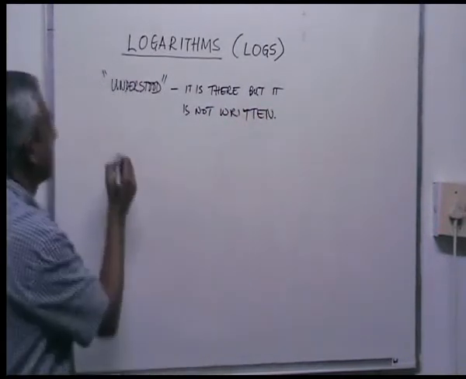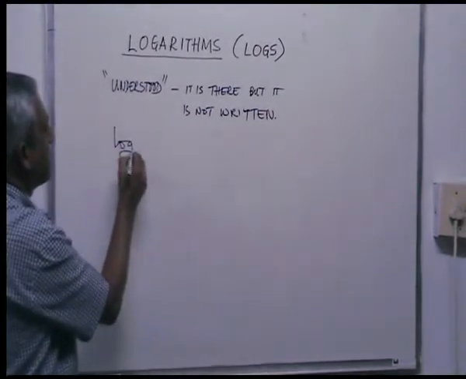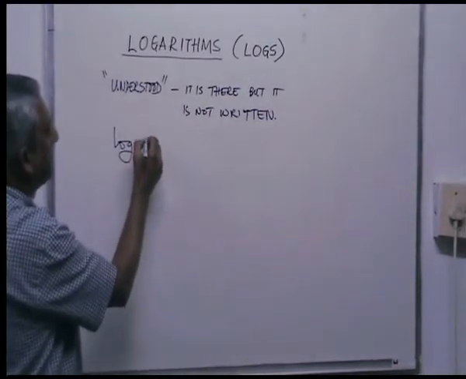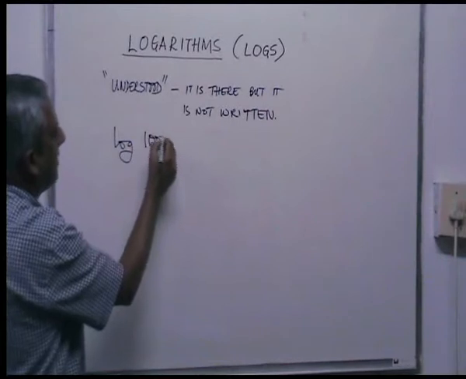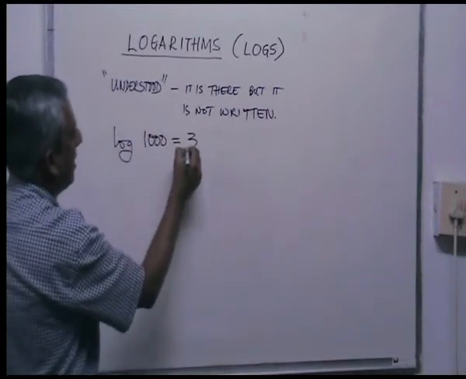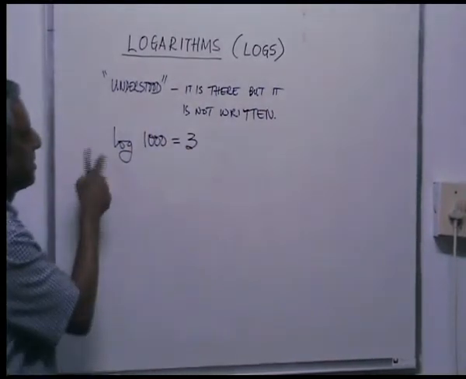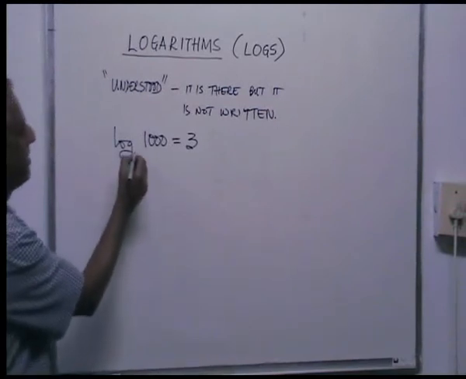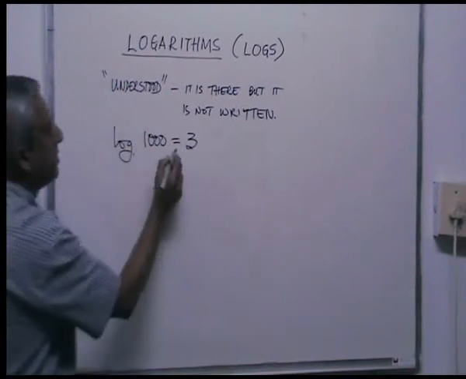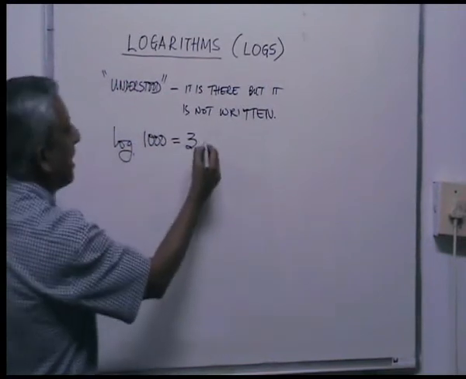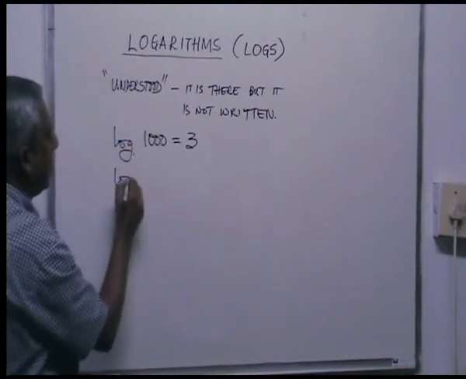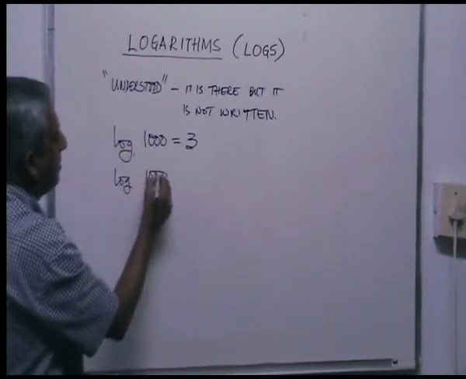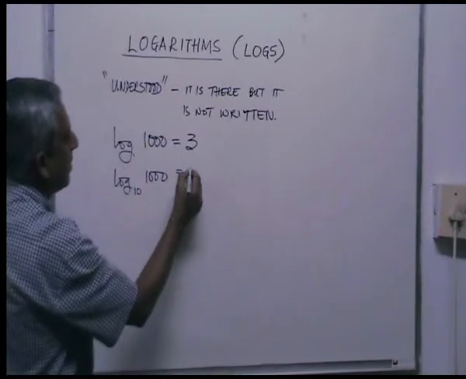So in logs, if the base is 10, for example, the log of 1000 is equal to 3. If you look at this, the base is not written. Well, the truth is the base is understood. So this statement can be rewritten as log of 1000 to the base 10 is equal to 3.